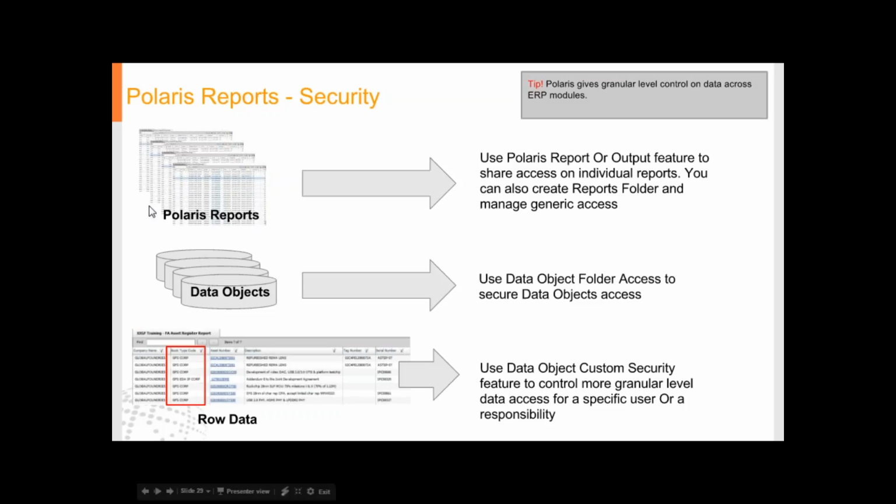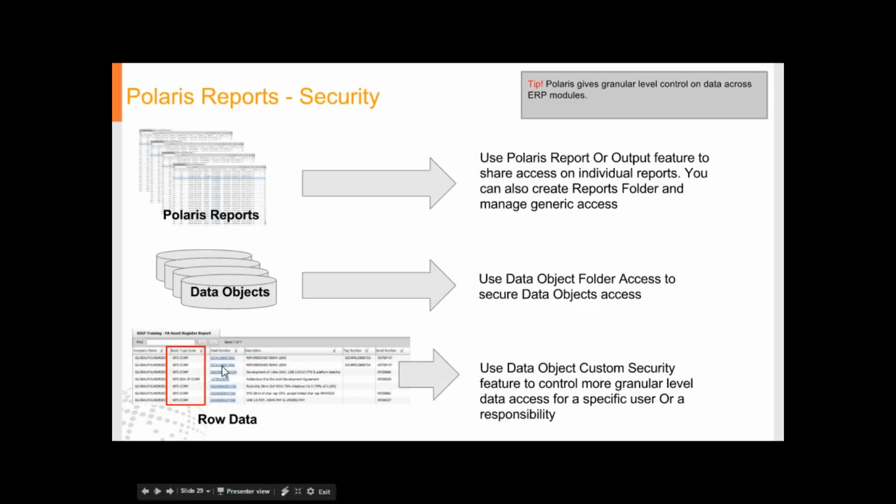Out of the three levels of data security that Polaris provides, Polaris reports security is one thing that you will manage. Say you create a report, then you are the owner, and you can share it with somebody. I'll give you a demo for that as well, of how you can share reports and only the outputs with other users.